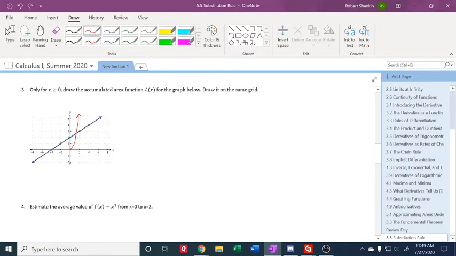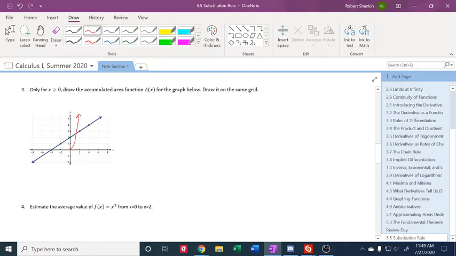As I move to the right, if the blue line was horizontal, then I'd accumulate area at a steady rate and I'd be a straight line over here. But if the blue line is getting larger, then my accumulated area is really going up at a more steep rate than a straight line.